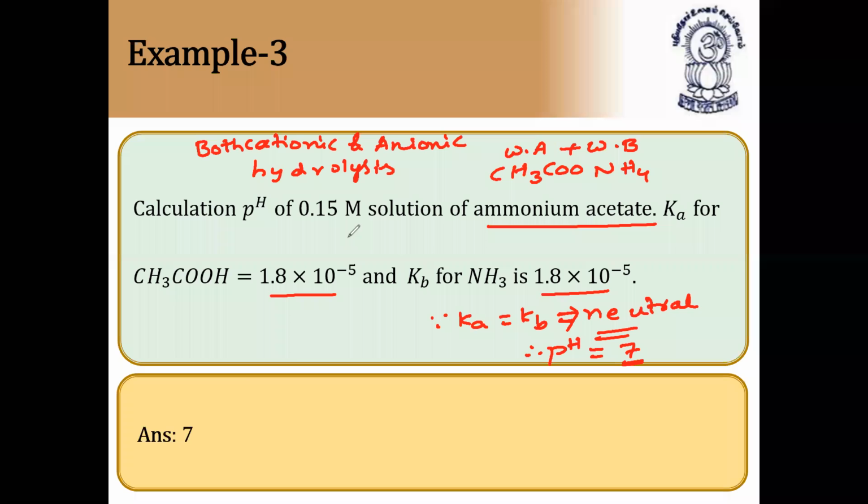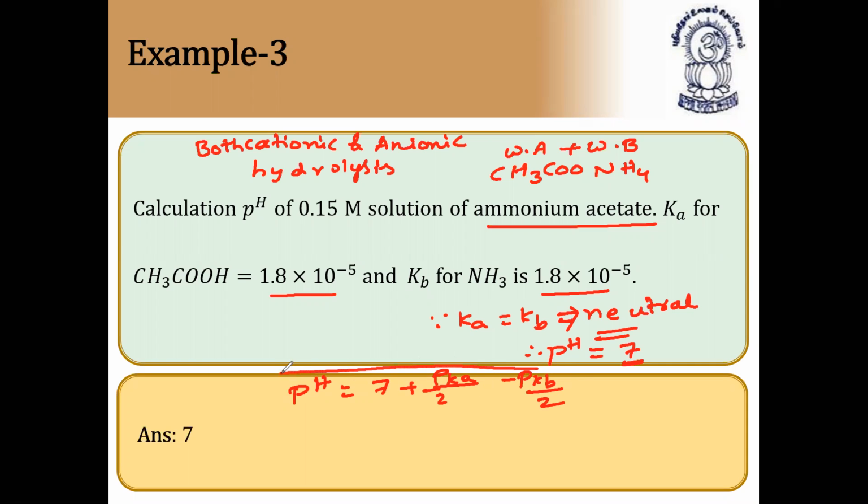How to calculate pH with this formula? pH is equal to 7 plus pKa by 2 minus pKb by 2. You can see that formula in the previous sessions.